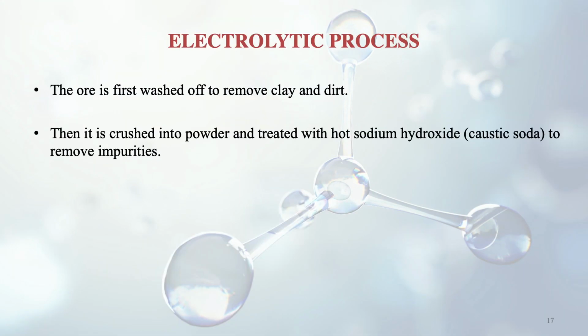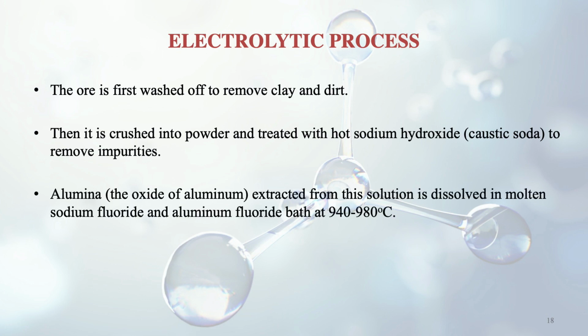After cleaning up, it is crushed into powder and is treated with hot sodium hydroxide, that is caustic soda, chemical formula NaOH, and this is done to remove further impurities. Alumina, the oxide of aluminium, Al2O3, is extracted from this solution and is dissolved in a molten sodium fluoride and aluminium fluoride bath at 940 to 980 degrees centigrade.